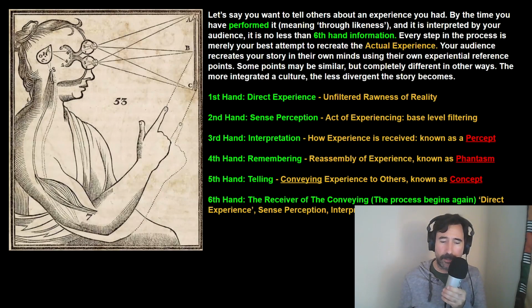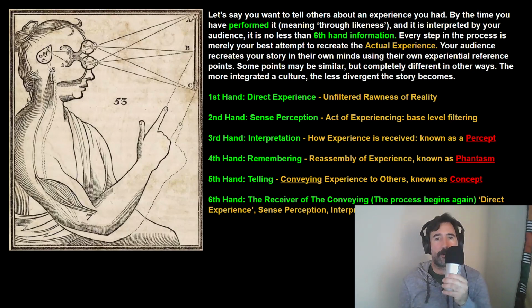So in a high context culture, a tribal culture, for example, a Native American culture, the stories are going to be less divergent. The understandings are going to be more uniform. The storyteller is going to be more connected with the audience, and the audience more connected with the storyteller.